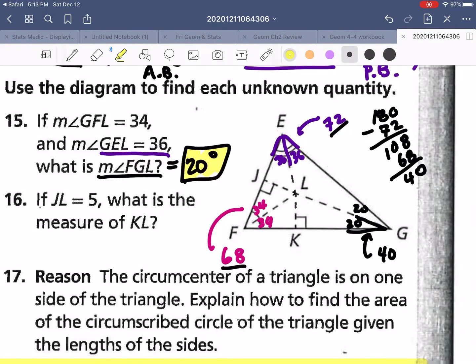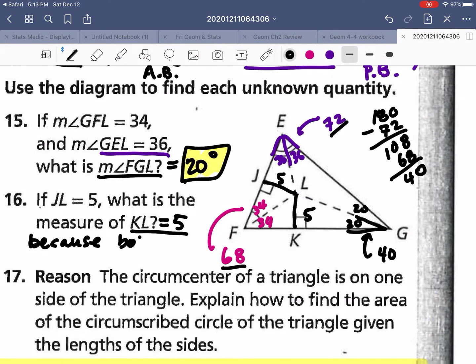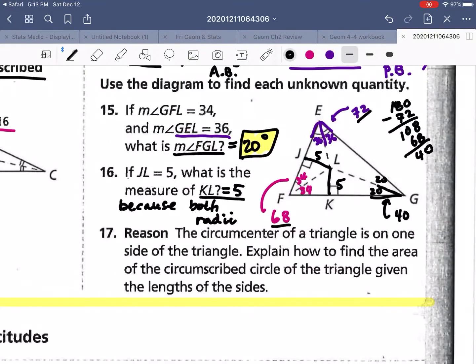If JL is 5, what is this? 5, right? Because a circle fits inside, and they are radii. So KL is 5 because they are both radii, and radii are equal, the plural of radiuses. Number 17, the circumcenter of a triangle.